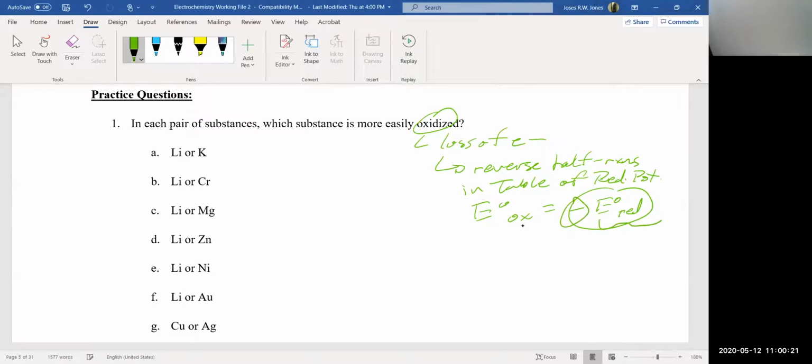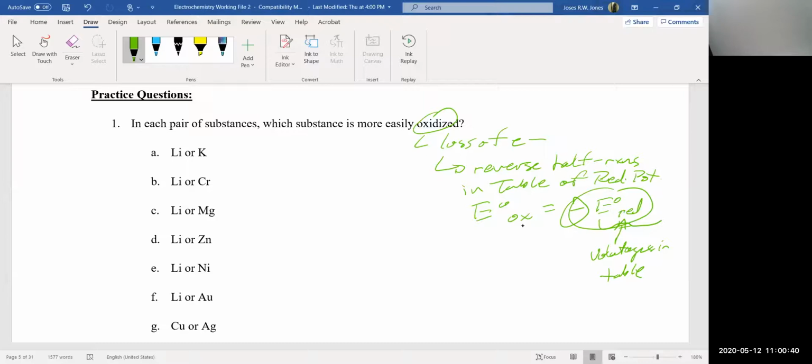The E naught reduction values are the voltages in the table. If we make the positives negatives and the negatives positives, and the zero stays the same, then we'll have oxidation potentials.